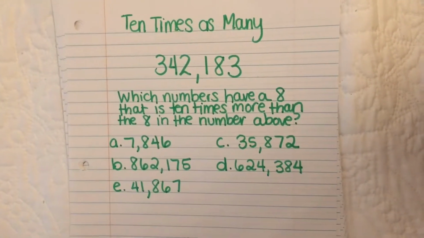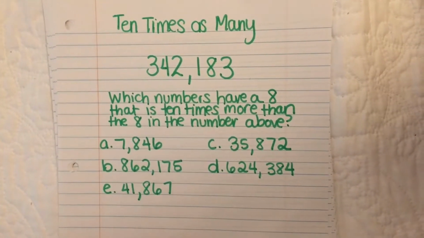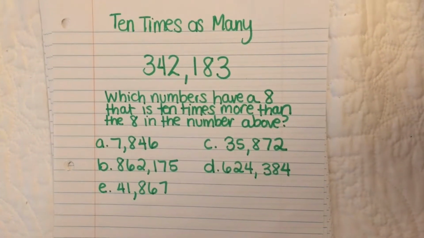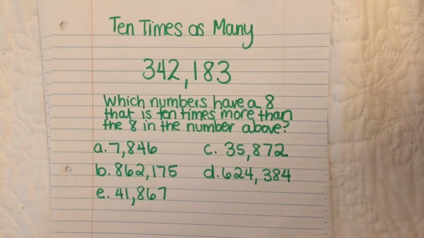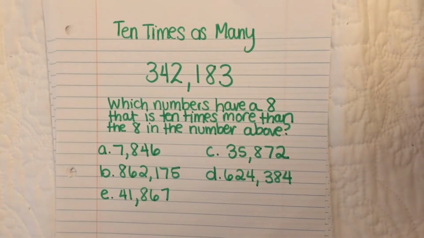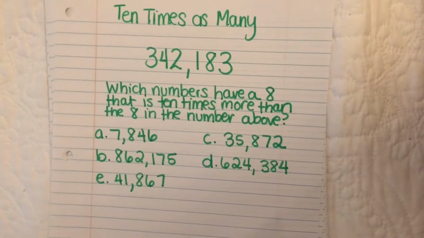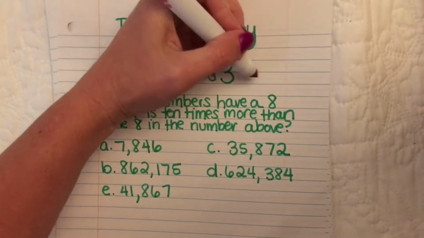Now again, in a question like this, we really are looking at what digit and the value. Here come those values again. We really need to understand the values that we're looking at. So in this question, it says, which numbers have an 8 that is 10 times more than the 8 in the number above? Well, 10 times more, that's 10.